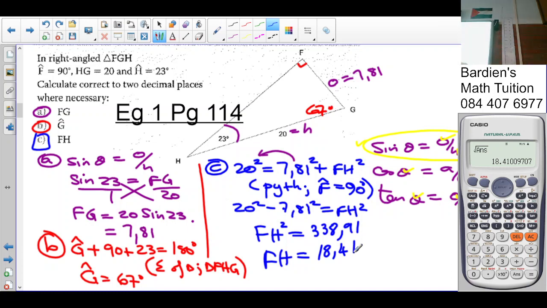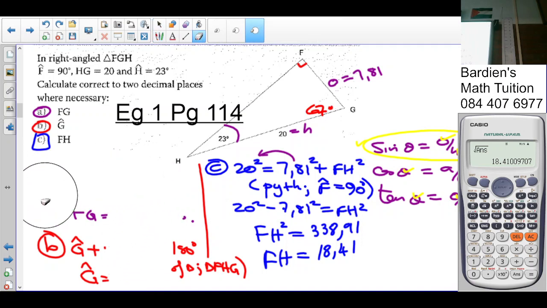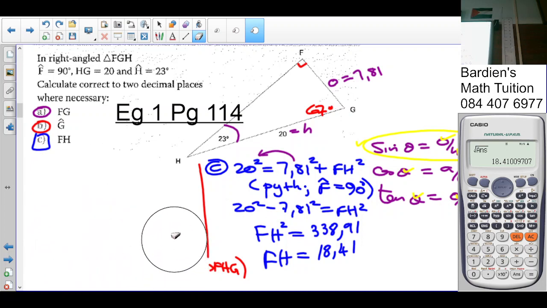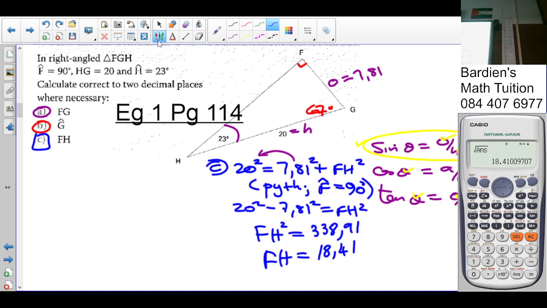But some of you are going to say, couldn't I have used something else? Couldn't I have used cos here? The answer is absolutely correct. You could have used cos. Remember, we have a triangle looking like this. There's your 90 degrees, there's your 23 degrees, and you had 20 here.